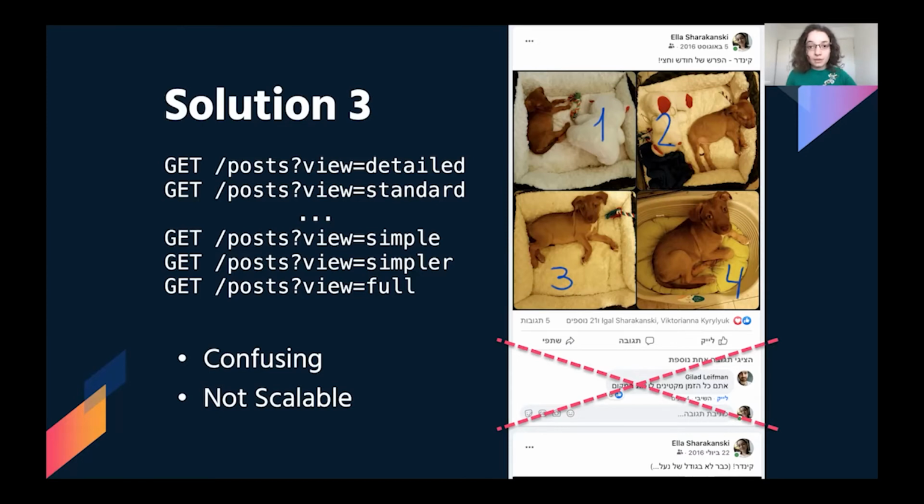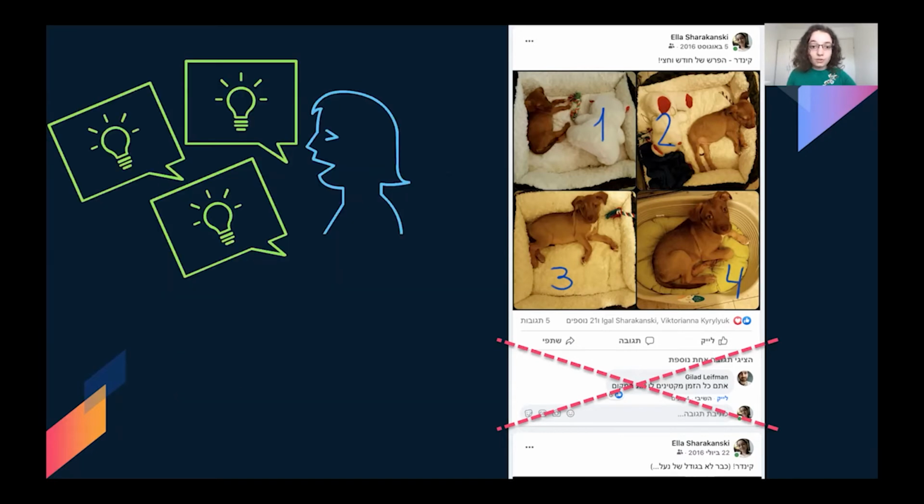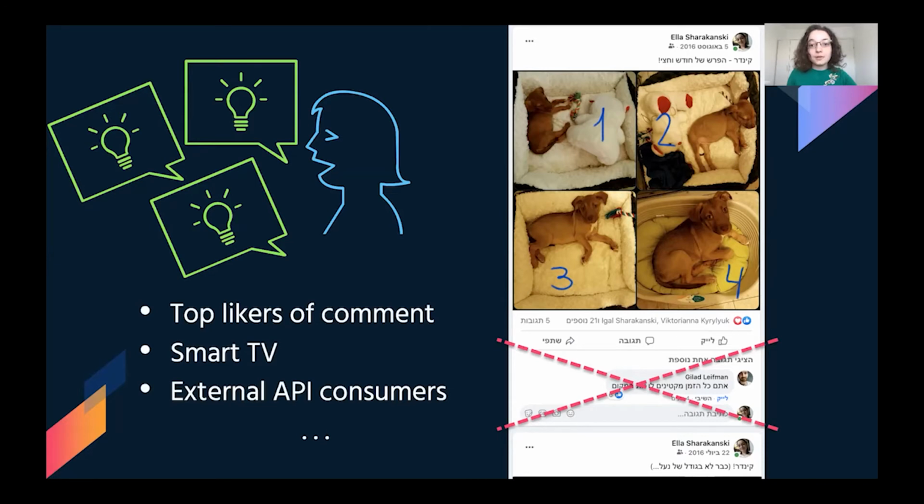And the thing is, you can count on your product manager to keep having these great ideas, like to show the top likers of each comment, or to support Smart TV, which is a completely different view, or to support external API consumers, meaning people that are using your API for things that you don't anticipate in advance.